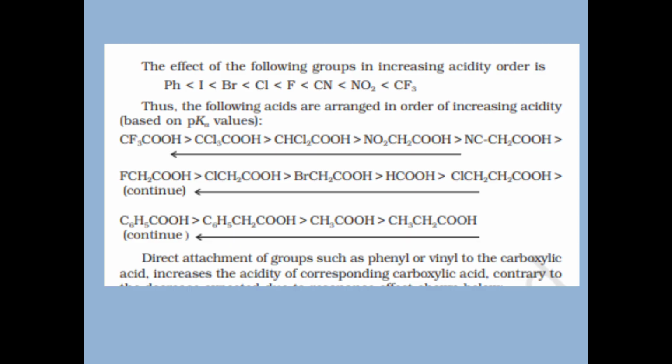The effect of the following groups in the increasing acidity order is phenyl less than iodide, less than bromide, less than chloride, less than fluoride, less than cyanide, less than NO2, less than CF3. CF3COOH has higher acidity than CCl3COOH, then CHCl2COOH, then NO2 substituted, then this increasing acidity order.